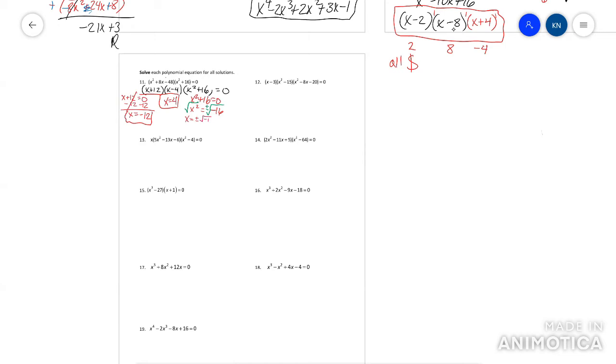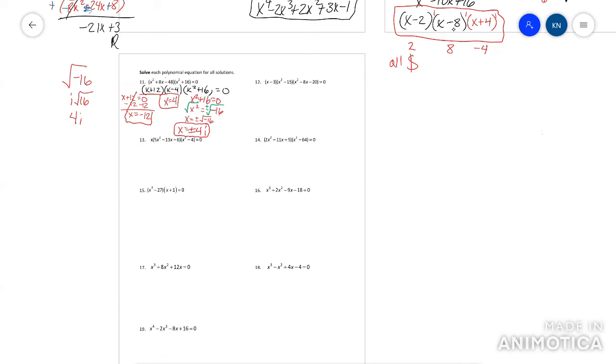Root -16 can break down. First, you take the i out, so it's i root positive 16. Then the square root of 16 is 4, so this becomes 4i. So my answer here is x equals plus minus 4i. Just like that.